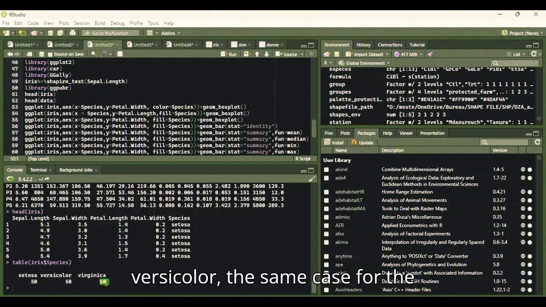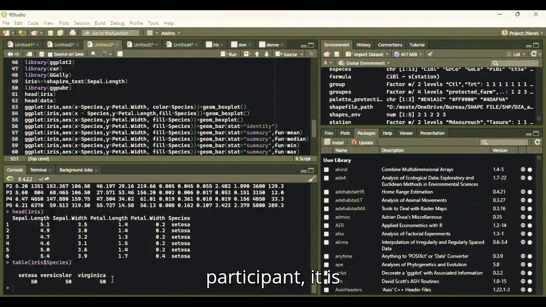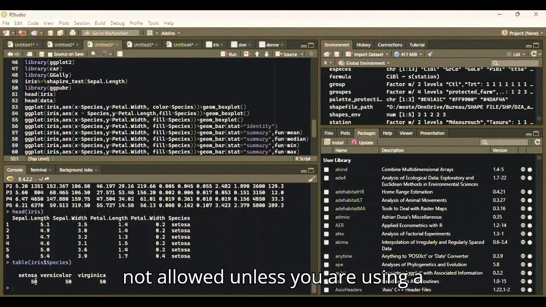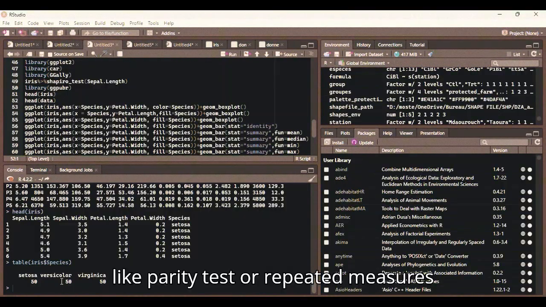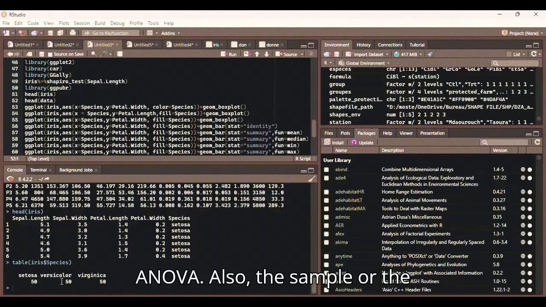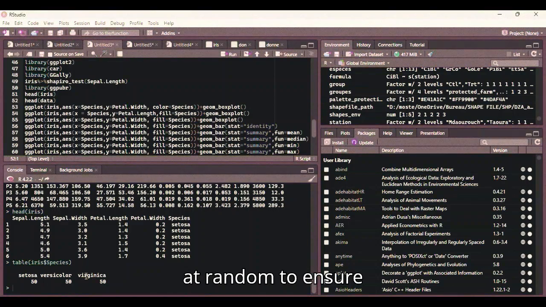The same applies to the last 50 individuals or samples. Having repeated measures on the same participant is not allowed, unless you are using tests like the paired t-test or repeated measures ANOVA. Also, the samples or individuals should be selected completely at random to ensure independence.